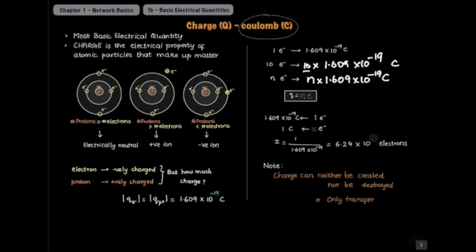So basically that is 1 by 1.609 into 10 power minus 19, which is basically 6.24 into 10 power 24 electrons, which combine to form 1 coulomb. So basically we need 1 followed by 24 zeros. These many electrons should be there to give me 1 coulomb of charge.